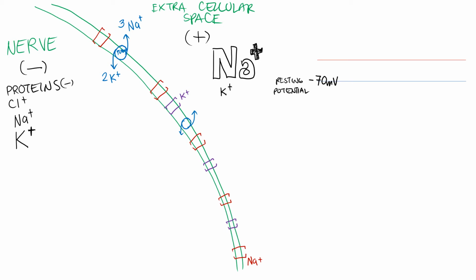Now, you see this red line? This red line here is your firing threshold or firing level.